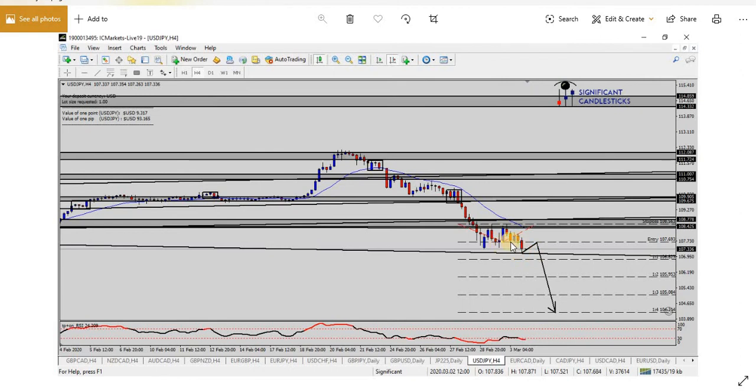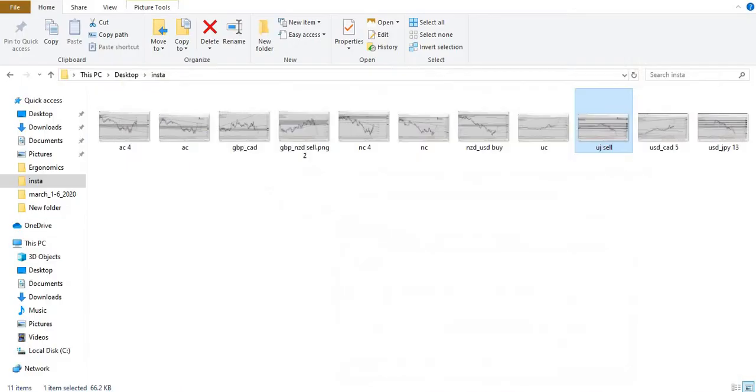So I was expecting it to continue, so that is why I placed my entries right there, stops behind right there. The market came up, took us in, went all the way to 1 to 3 nicely. So that was a beautiful trade right there.